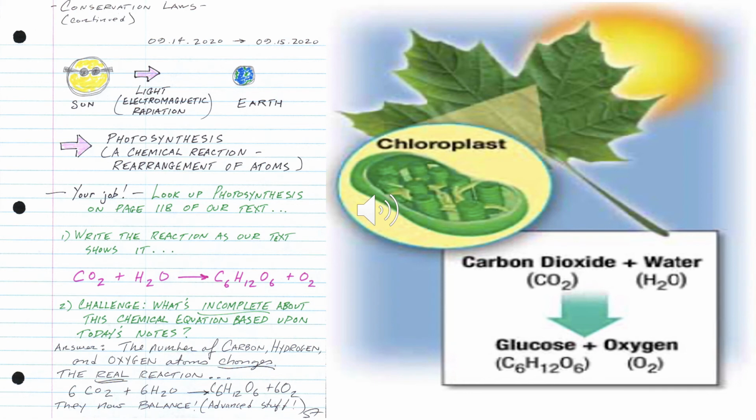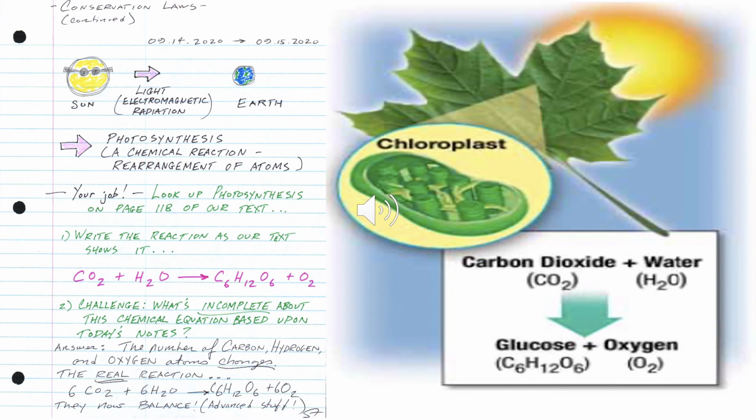On the next page of our notes today, we had a simple energy transfer example. In other words, electromagnetic radiation, light from our sun, reaching Earth, and photosynthesis, a chemical reaction, using the energy from the sun to take carbon dioxide and water and change it into glucose and oxygen, the classic. On the right side, you see the picture that's in our books, page 118, that I asked you to copy into your notes today.